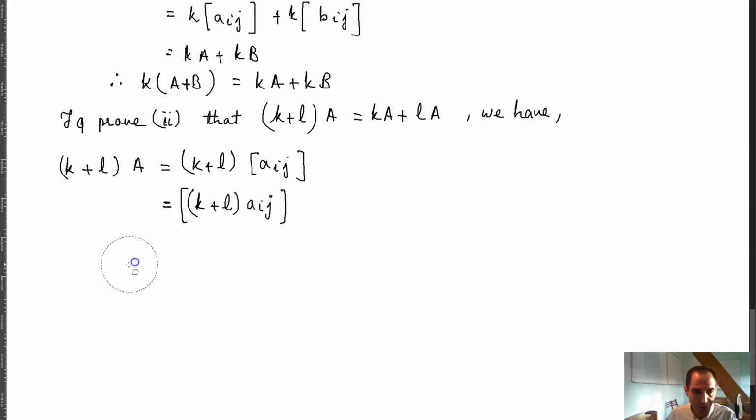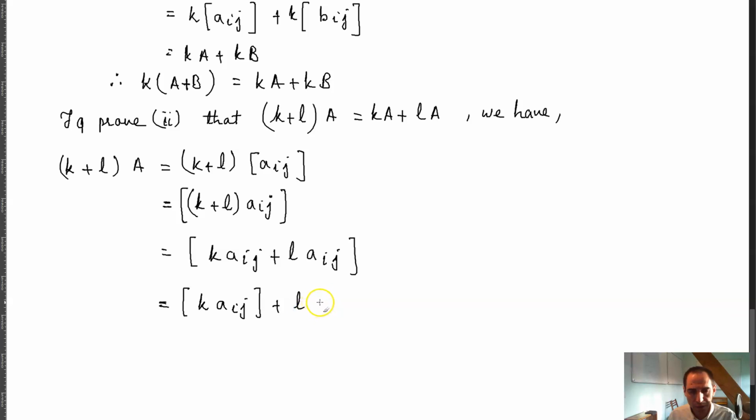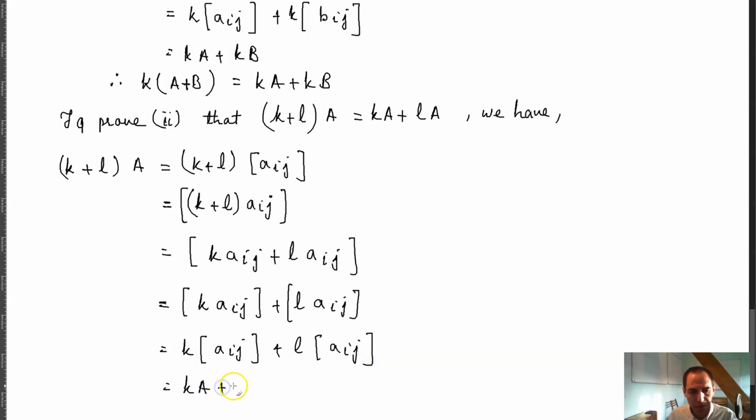So if you were to write another step, you would write it as basically k times a of ij plus l times, for example, a of ij, and then you could write this as basically two separate matrices, meaning that you could write this as basically k times a of ij plus l times a of ij, which is equal to k times a plus l times a, right?